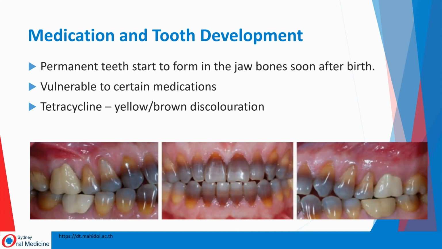But this will cause permanent discoloration of the permanent teeth. So you can see these photos down the bottom where there's yellowish, brownish discoloration of the teeth. And very commonly, adults who have this type of discoloration will require dental intervention, both to protect the teeth and strengthen them, but also to improve the appearance of the teeth.